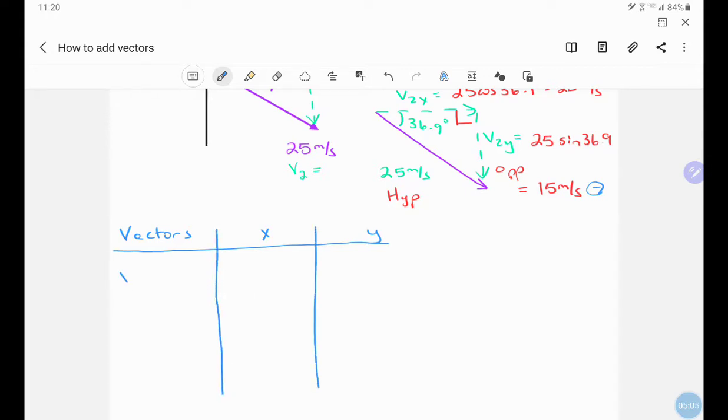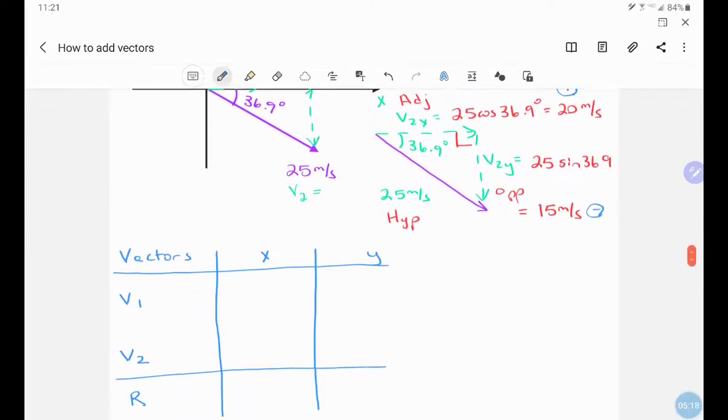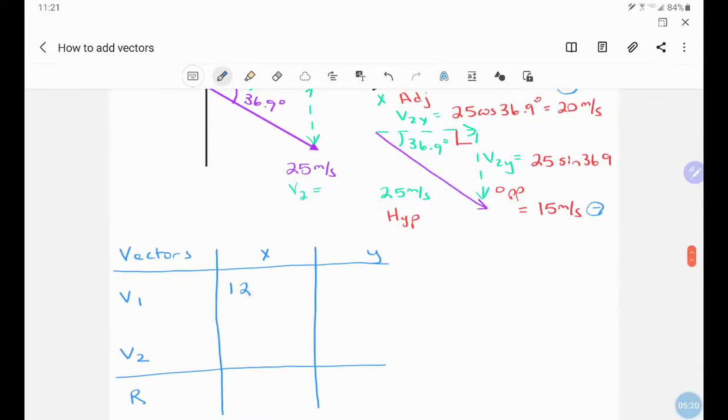So the two vectors we had were v1 and v2. We are looking to add them, so we will be finding the resultant. For vector 1, its x component was 12. Its y component was 16. For vector 2, its x component was 20. Its y component was minus 15.